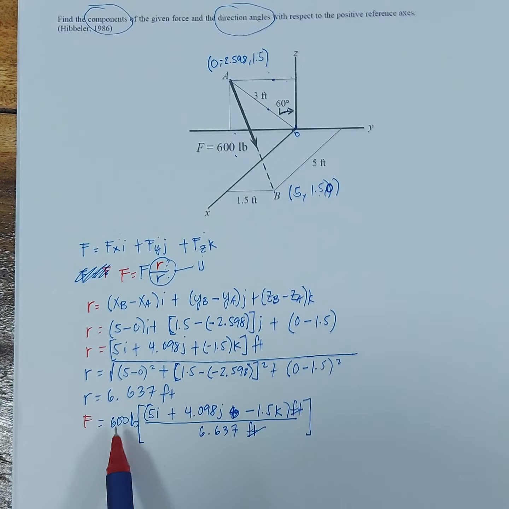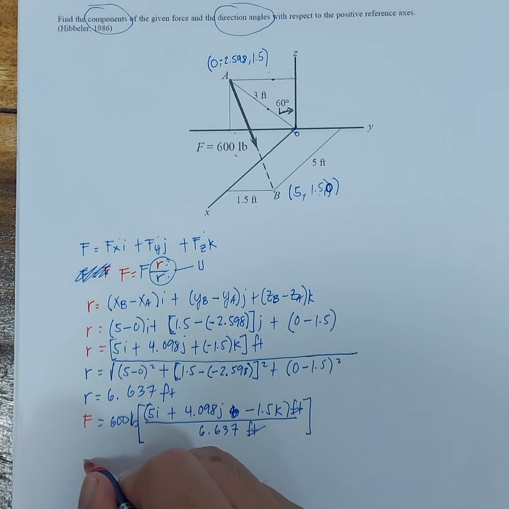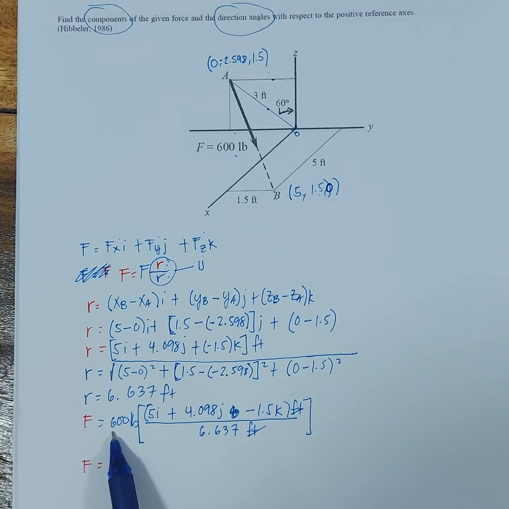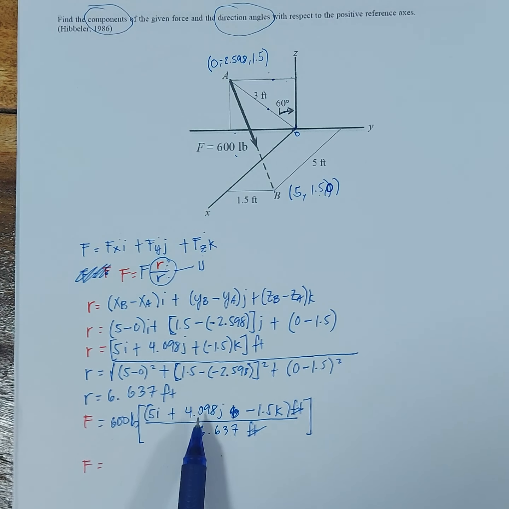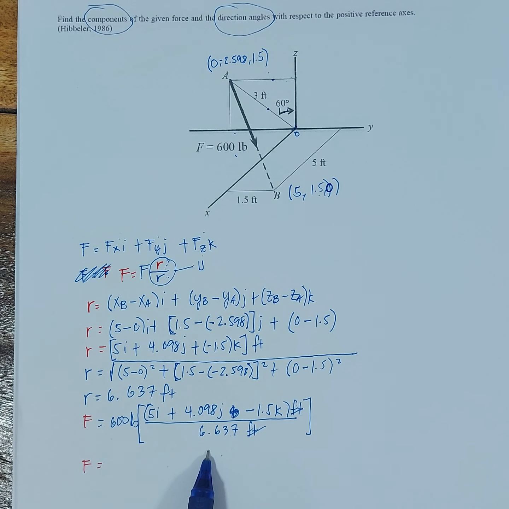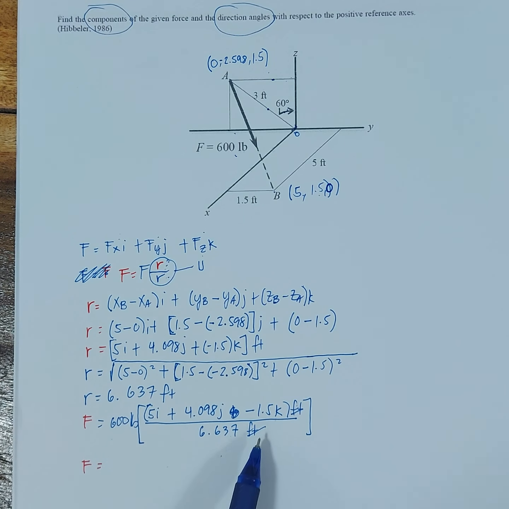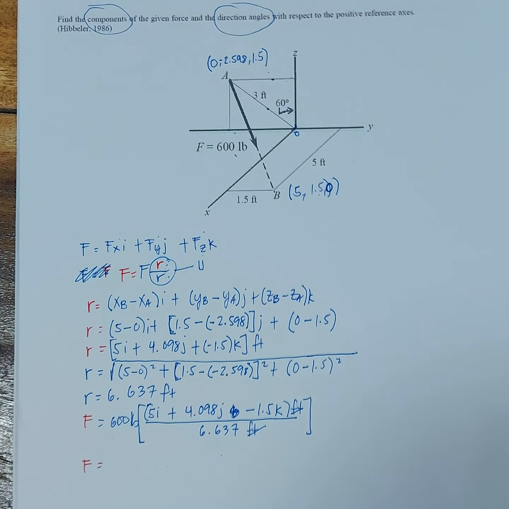So now for F, let's distribute. We have a common denominator here. So 600 times 5 divided by 6.637 would be the x component of the force. 600 times 4.098 divided by this would be the y component, and 600 times 1.5 divided by this would be the z component. Okay, so let's proceed.